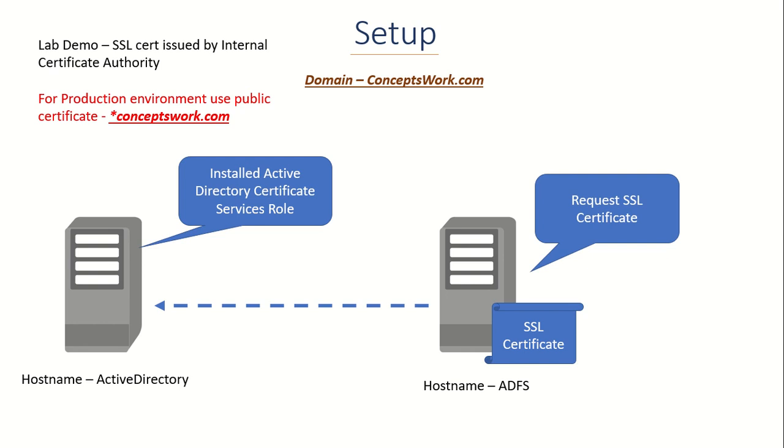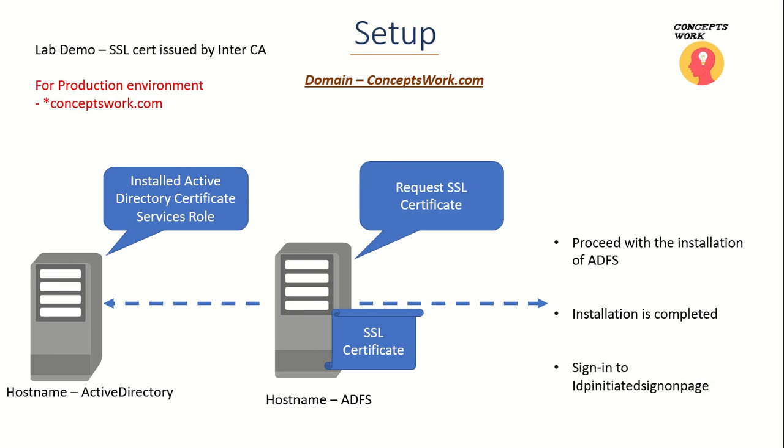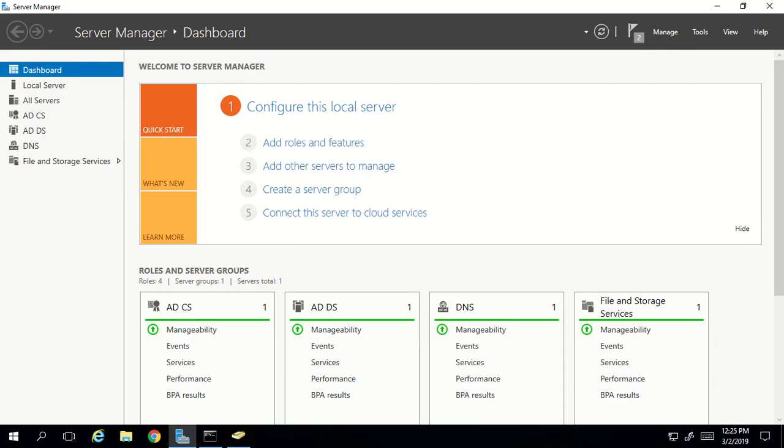For this demo, just make sure that you get a wildcard certificate, which will make things a lot easier for you. Once we have the SSL certificate, we will proceed with the installation of ADFS. Once the installation is completed, we will sign in to the IDP initiated sign on page. For this, let me switch to my first machine, where I have ADCS and Active Directory installed.